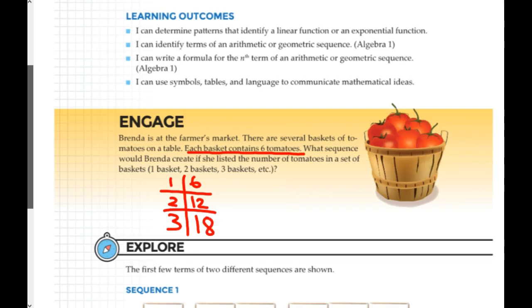So my sequence, okay, so listing the numbers would be 6, 12, 18, and then the next one would be what? 24, right? Keep adding 6 each time. So what kind of sequence is that when we're adding 6 each time? What kind of sequence is that?